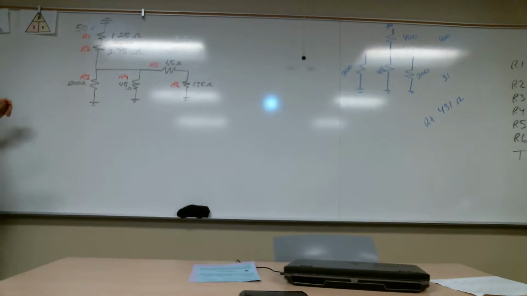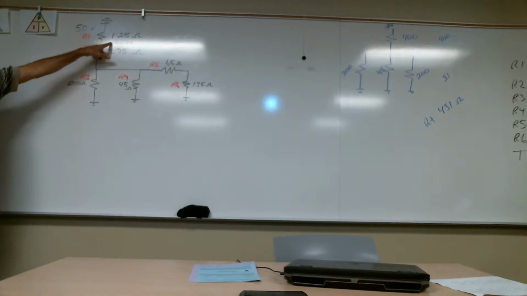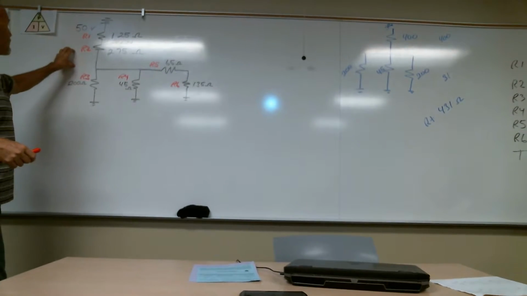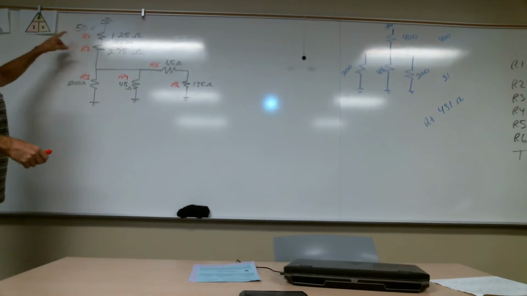It's volts divided by resistance, so it's 50 divided by 125? No, because we don't have the volts yet. Now we're trying to get volts. No, you're right. It's the current that we're after.